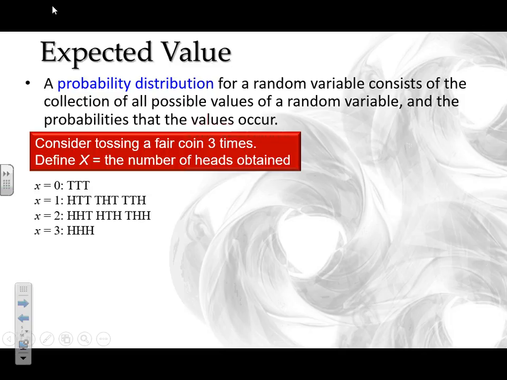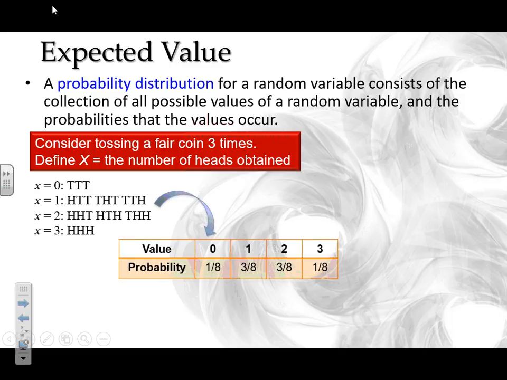So if I was going to calculate the corresponding probabilities, what is the probability that x equals 0? 1/8. What's the probability that x equals 1? 3/8. Probability that x equals 2? 3/8. And then the probability that x equals 3? 1/8. So here is what your probability distribution should look like.